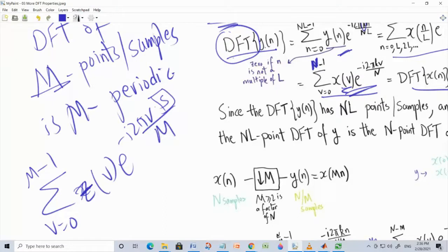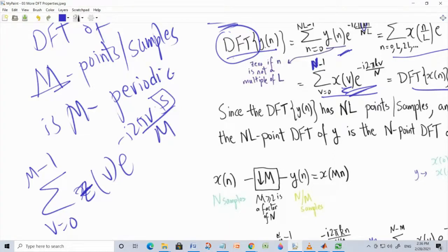So again, train yourself to write down the DFT based on an understanding that does not depend on small n and small k and big N and so on, because in many cases you will have to adapt the DFT to situations in which we deviate from the original definition with big N and small k.